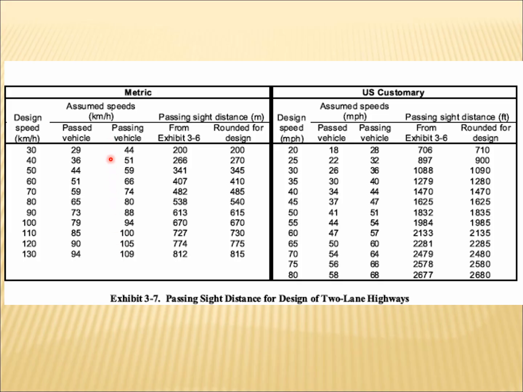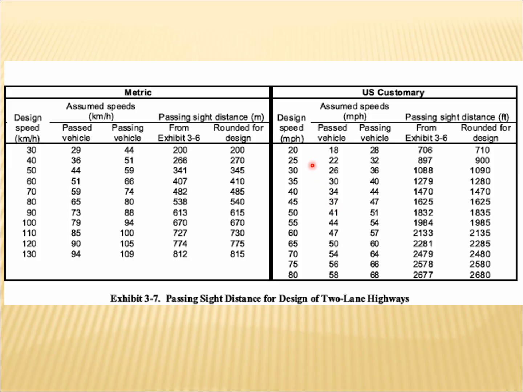If you look at the difference between the two speeds, it is 15 kilometer per hour in every case. So the passing sight distance has been determined in these different cases and is written in this particular column, and in the last column the values have been rounded off.